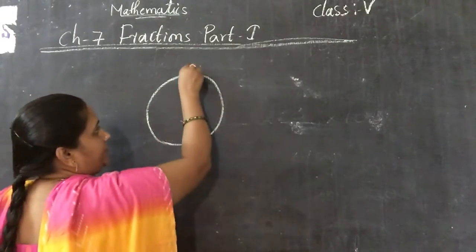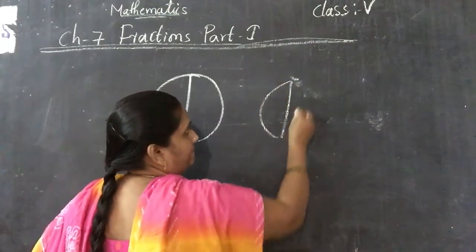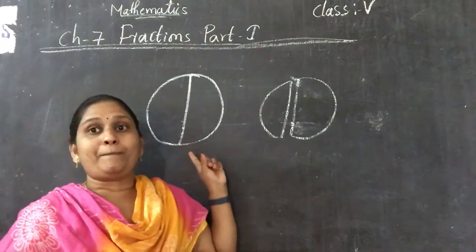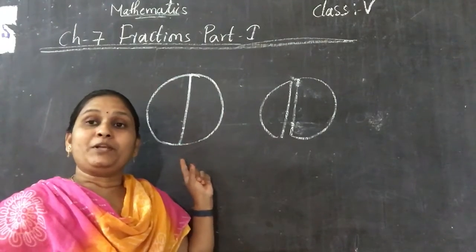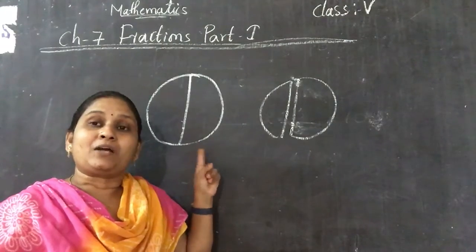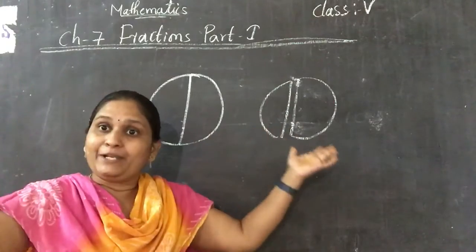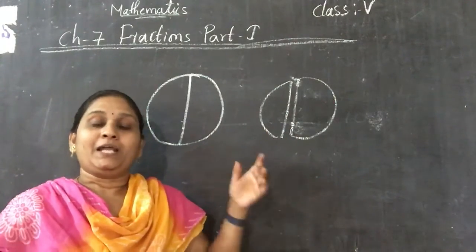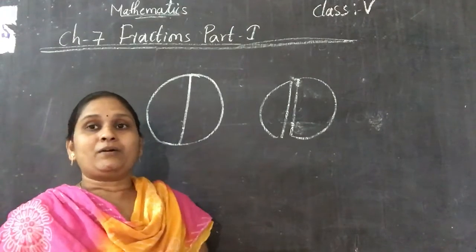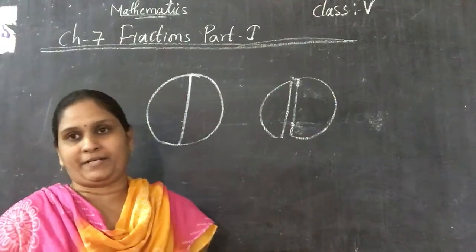And if this is made into two halves, that complete whole divided into two parts is known as a fraction. It means a fraction is a part of a whole. One whole can be divided into two parts, or three or four parts, according to the requirement.